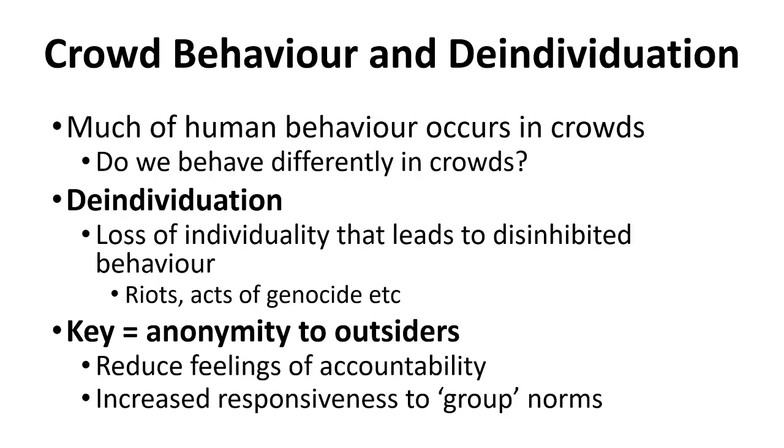If nobody can identify you, if you're kept independent and separate and unidentifiable, you feel more as part of a group and you forget about yourself as an individual. You're more likely to respond to those group norms and go along with the group's behavior if nobody can tell that you're part of that group. So that's going to reduce your feelings of accountability.